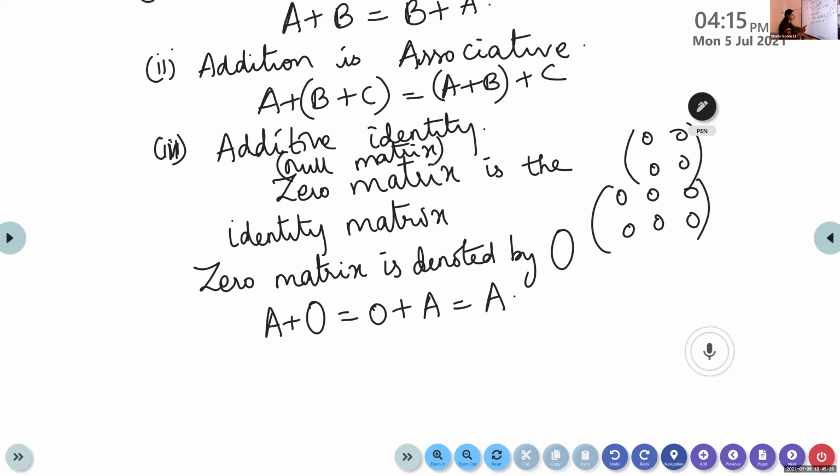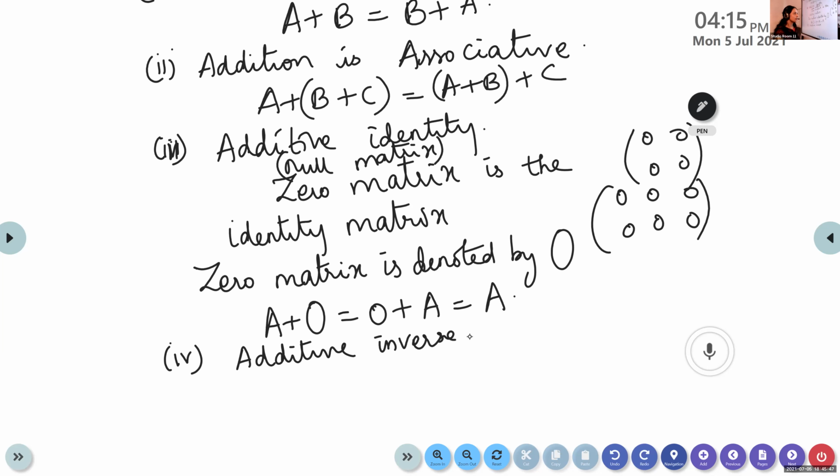The next one is additive inverse. What is the additive inverse of 5?